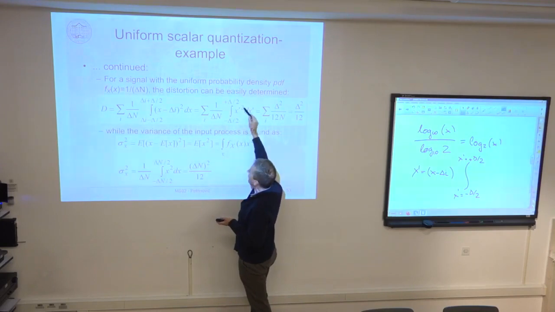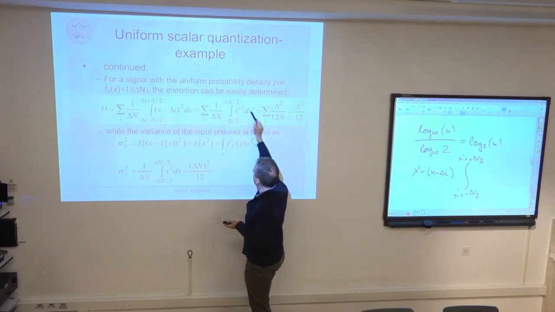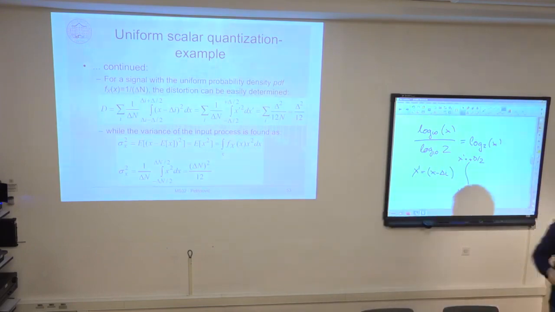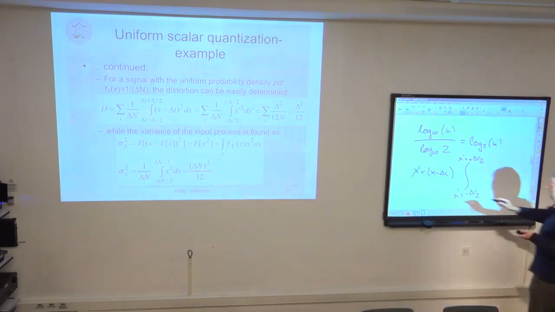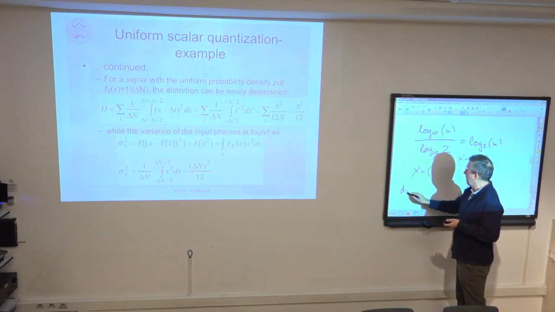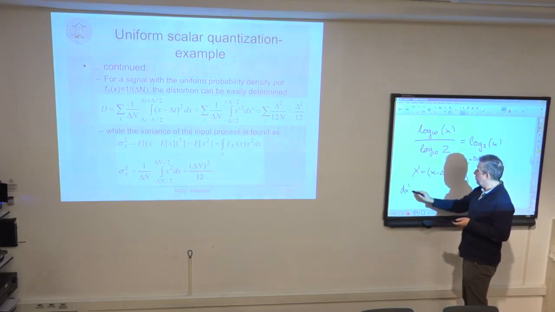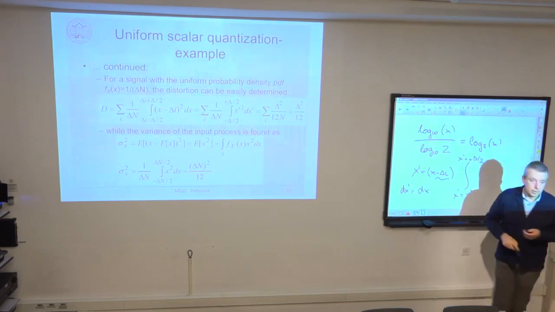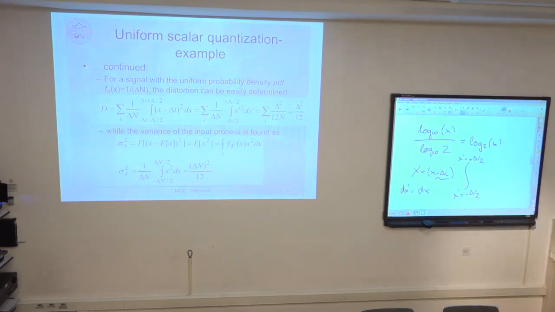This here is x prime squared. I only have to check what the dx prime is, if there is any change to this differential. Of course, if I take the derivative of this, dx prime is the same as dx, because this is a constant. So if I take the derivative, this constant vanishes, and of course dx prime is the same as dx.